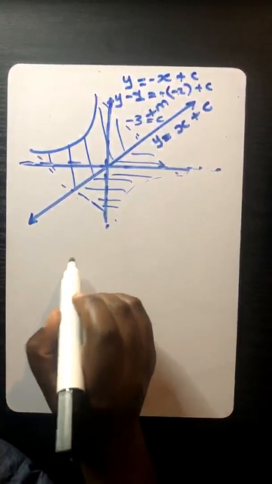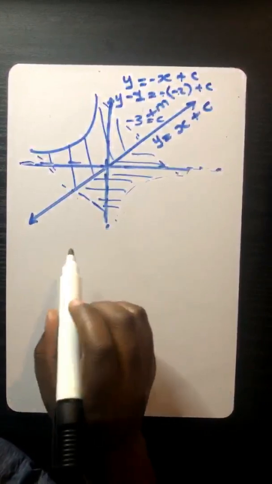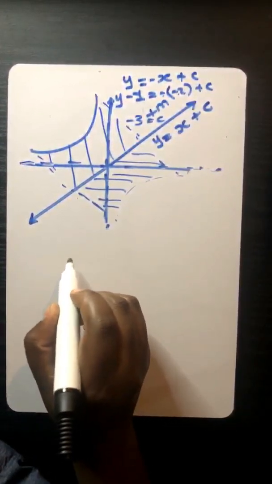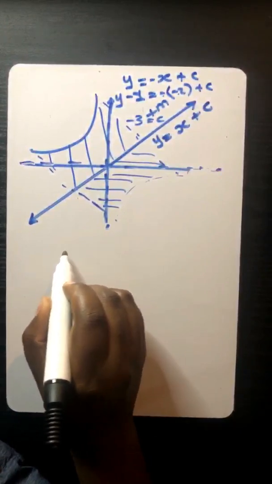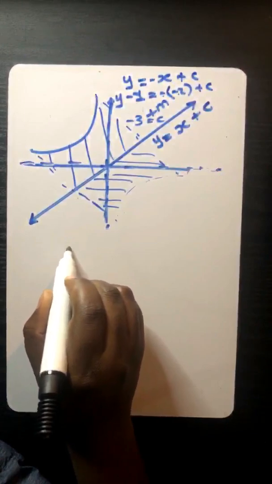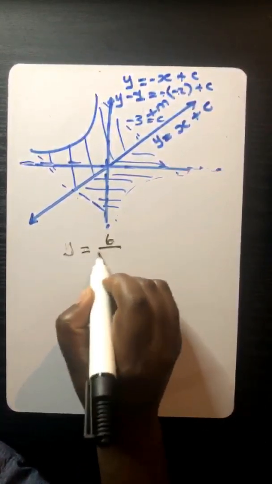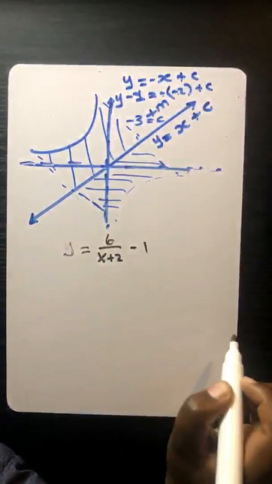Given, let's start again. What were you saying? I say we had the equation of g of x equals 6 divided by x plus 2, minus 1. So the original equation was y equals 6 over x. What was this? Positive 2, minus 1 there, isn't it? Yes.